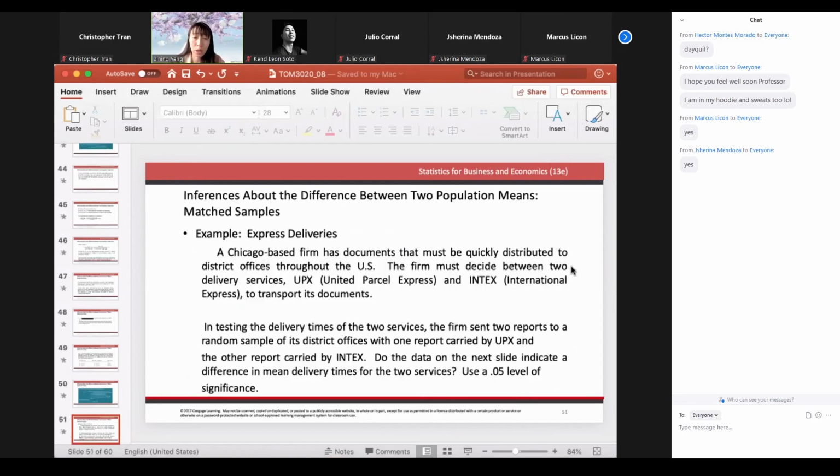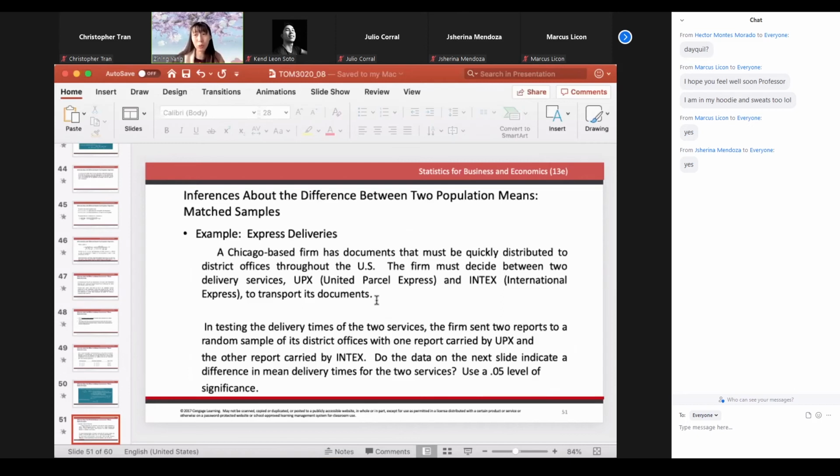So let's look at one example here. How do we do the matching in this one? So here in this example, we want to deliver documents from a company's headquarters to its different offices.